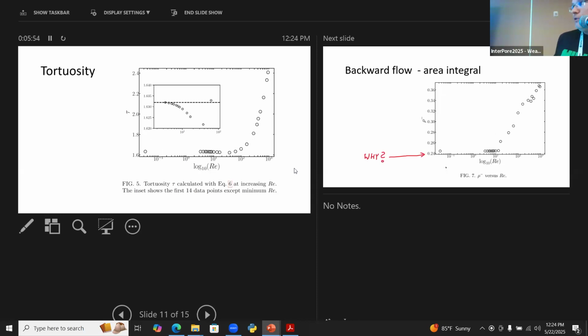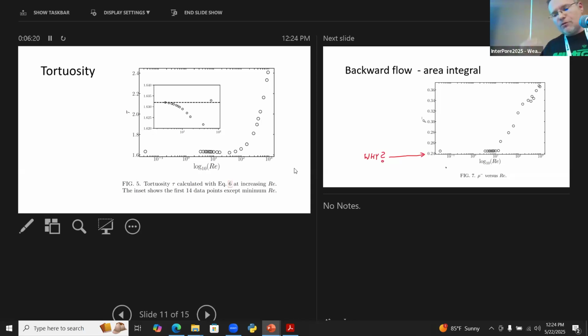We see that as the Reynolds number increases, tortuosity at some point also decreases. Streamlines want to straighten, and then there is a very, very large increase of tortuosity, which we associated with another physical mechanism. So there are two competing physical mechanisms that decrease and increase tortuosity.